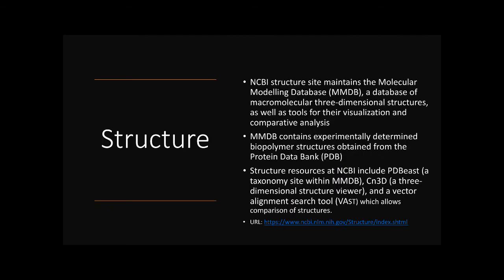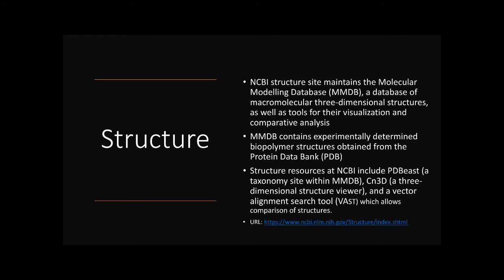And then you have Structure. This one focuses more on molecular structure. The NCBI structure site maintains the Molecular Modeling Database, MMDB, which is a database of macromolecular three-dimensional structures, as well as tools for their visualization and comparative analysis. MMDB contains experimentally determined biopolymer structures obtained from the Protein Data Bank.